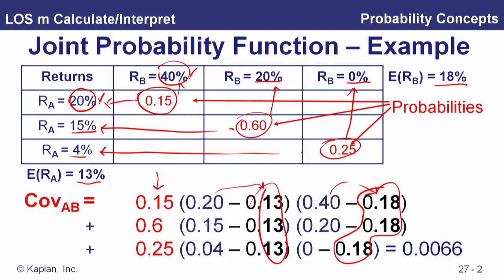So we do that for a pair of 15% and 20% right here and here, and our weight there is 60% right there. And we do that for this last outcome of 0 and 4% as well. Add them all up, and we get a covariance of 0.0066. So that's covariance from a probability function, but very similar to what we looked at with a probability model, where we had a boom, we had a normal economy, and we had a slow economy.